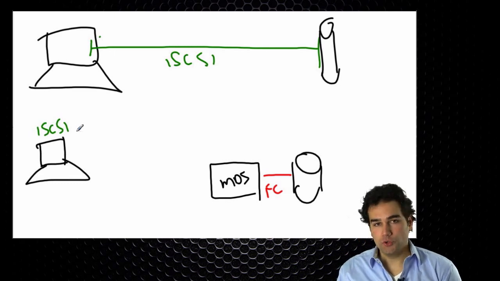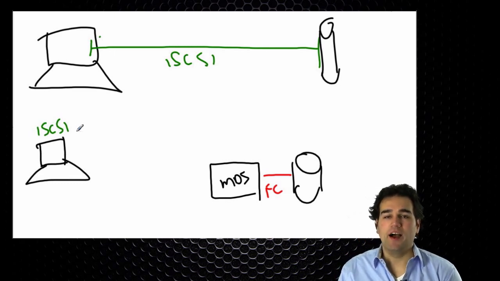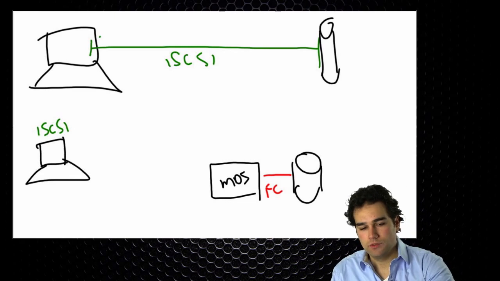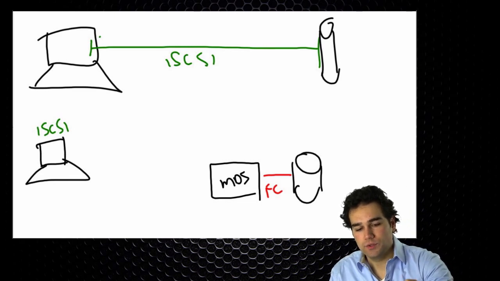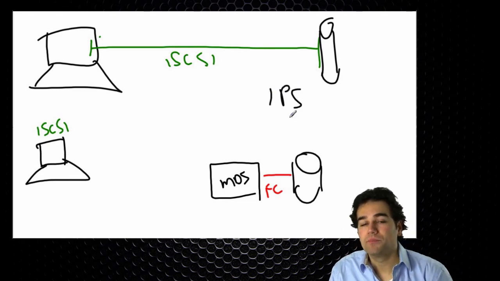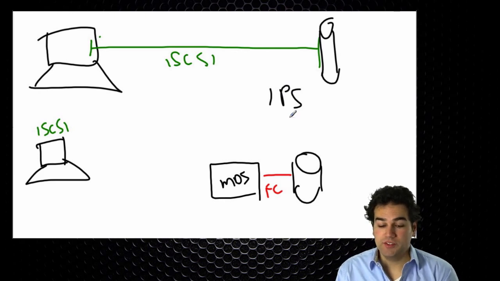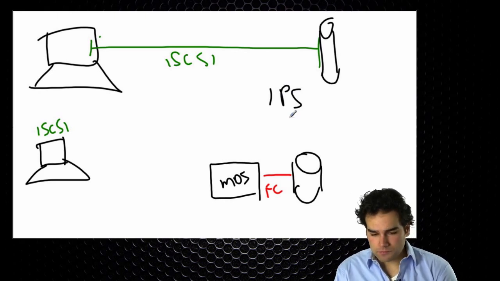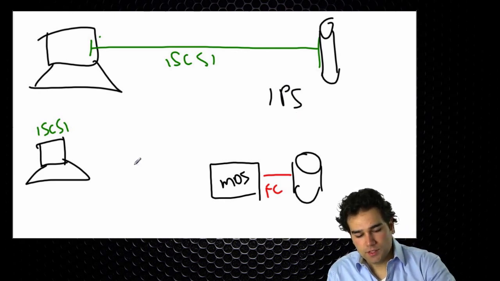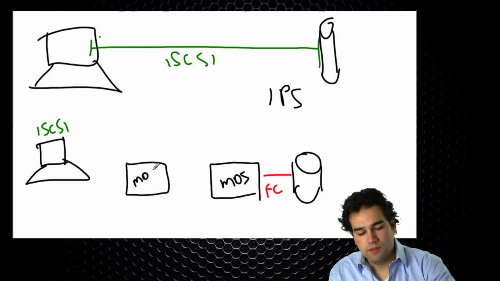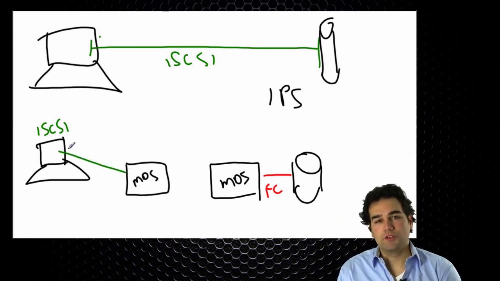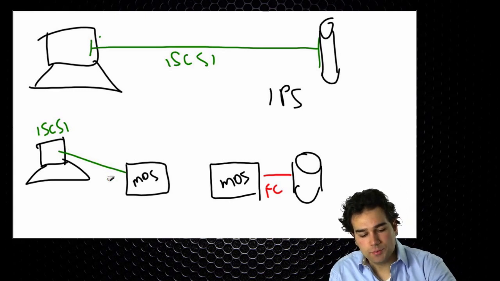Well, there are certain models of MDS switches that have IP storage features, or IPS they're called. One of the IP storage features is the iSCSI feature. And it will do exactly this. So I may have the same MDS or I may have another MDS. And that MDS has an Ethernet port. So that Ethernet port is connected to maybe an Ethernet switch.